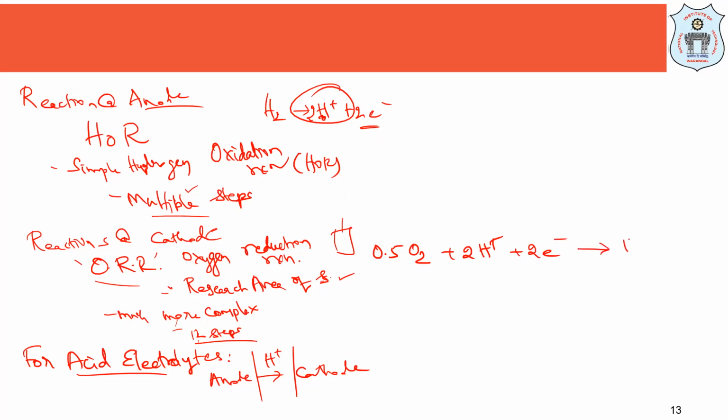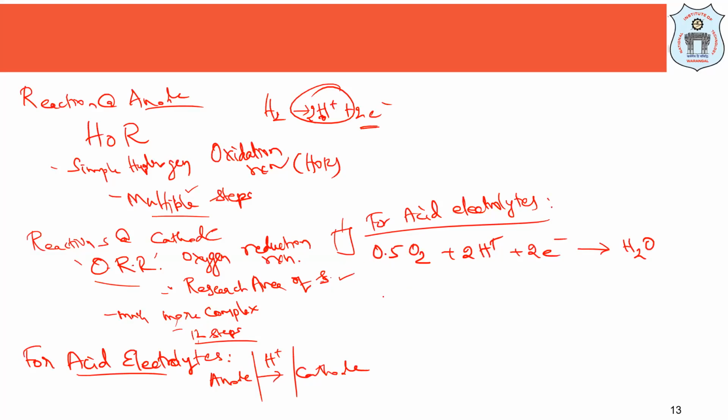All of them together form water. So this is the reaction taking place at the cathode for phosphoric acid fuel cells, that is, for acid electrolytes.